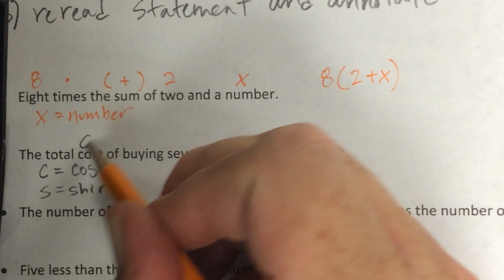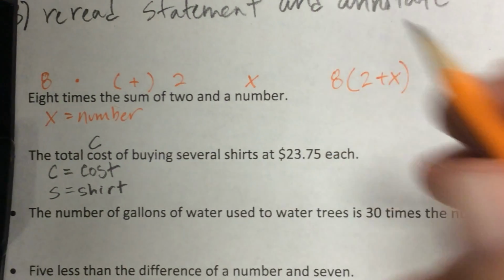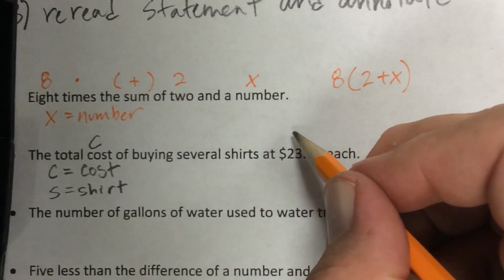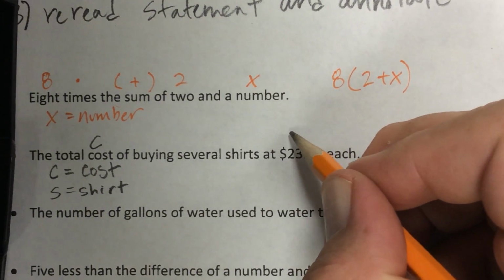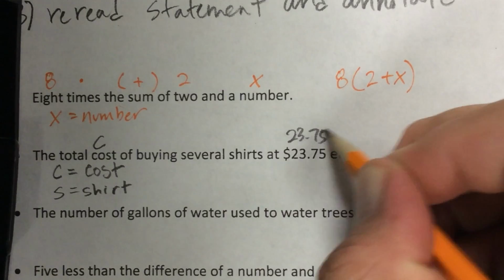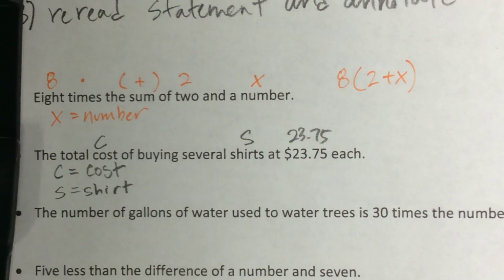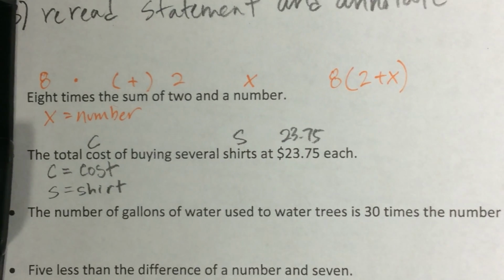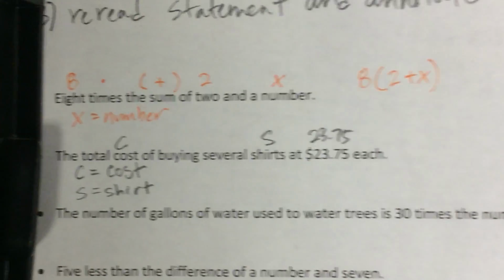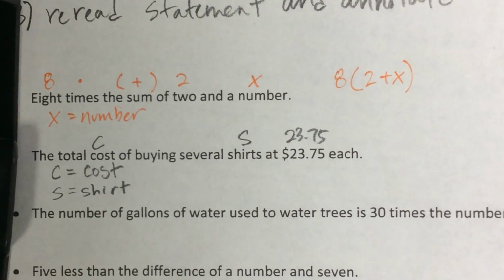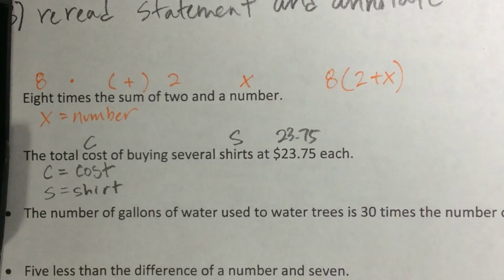The cost of buying several shirts at $23.75 each. So we didn't really have any symbols there to tell us to multiply or add or divide or subtract.